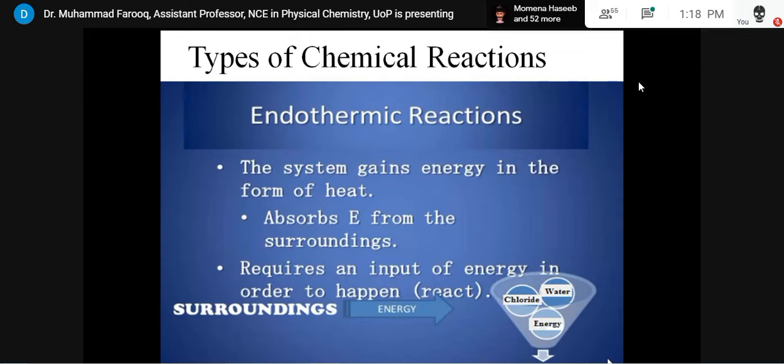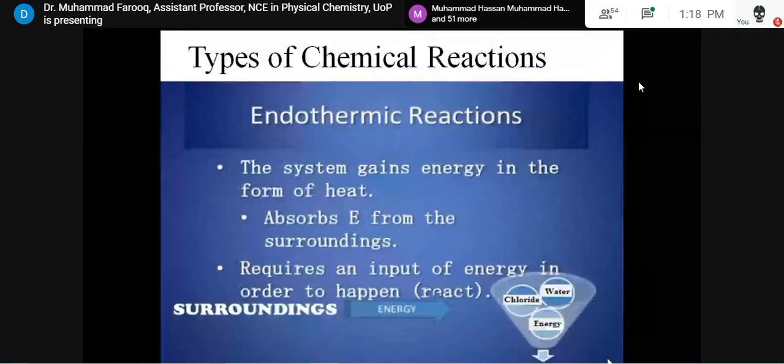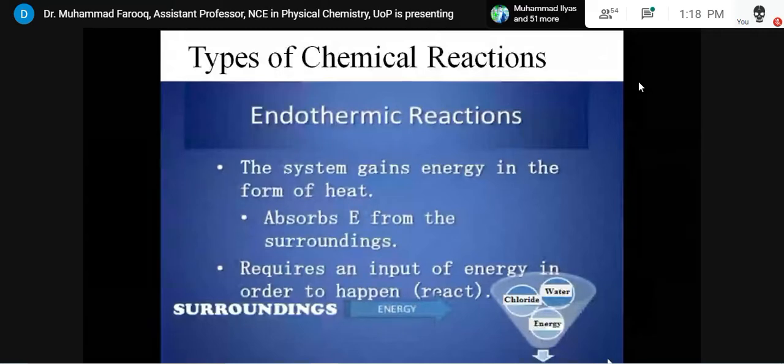The system absorbs energy from the surroundings, requiring an input of energy in order to happen. It means these reactions occur by providing some external energy from the surroundings.